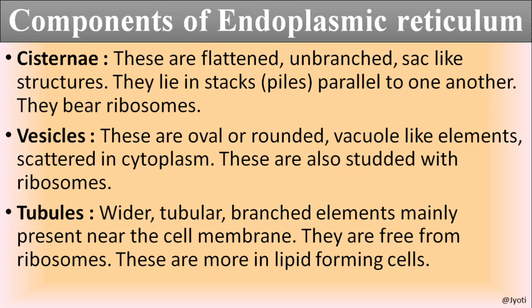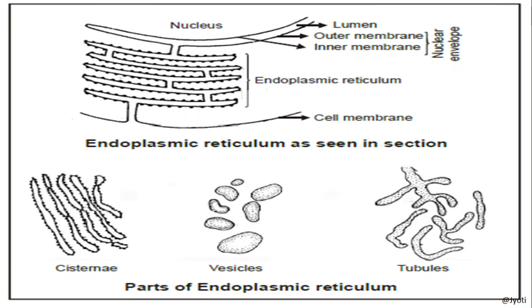Okay, remember cisternae contain ribosomes on their surface, but the tubules do not contain ribosomes on their surface. So the smooth endoplasmic reticulum is mainly composed of the tubules, whereas the rough endoplasmic reticulum is mainly composed of cisternae and vesicles. Okay. So these are the individual pictures of the components of endoplasmic reticulum.